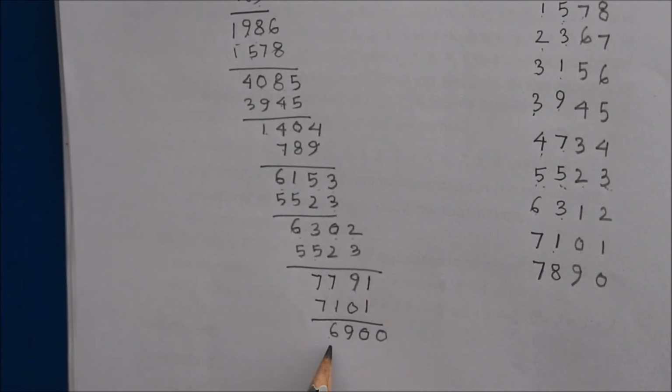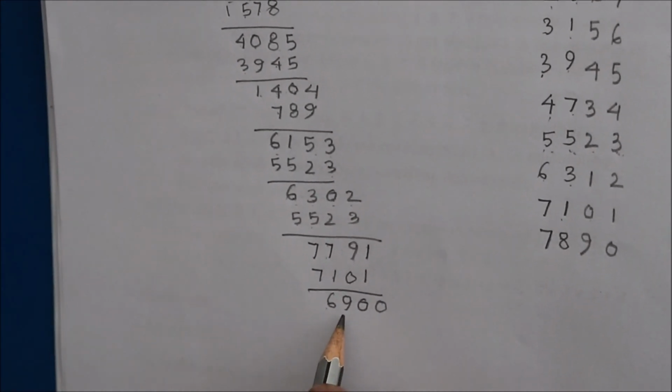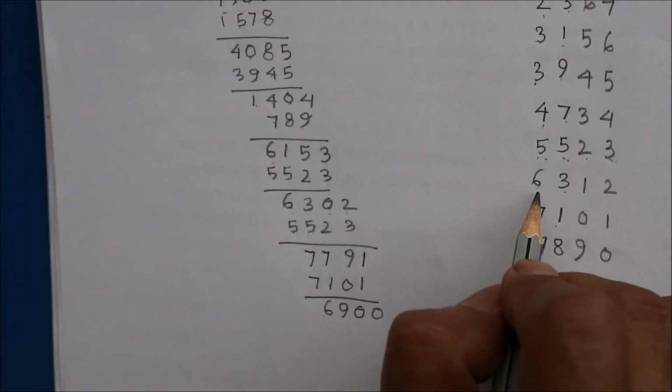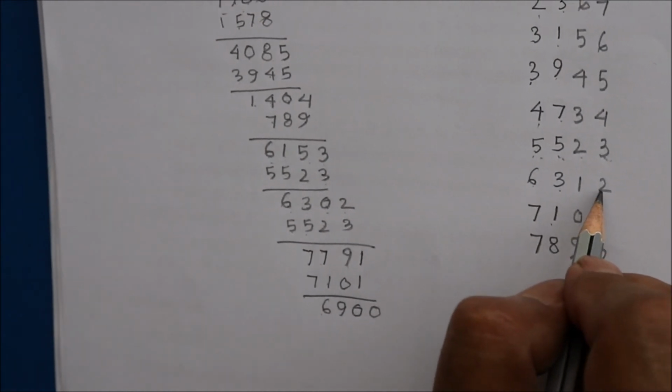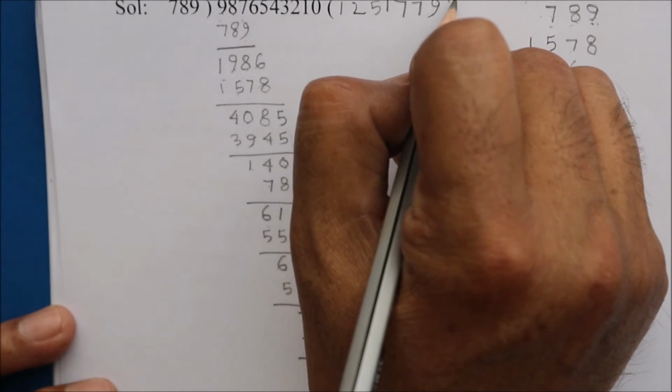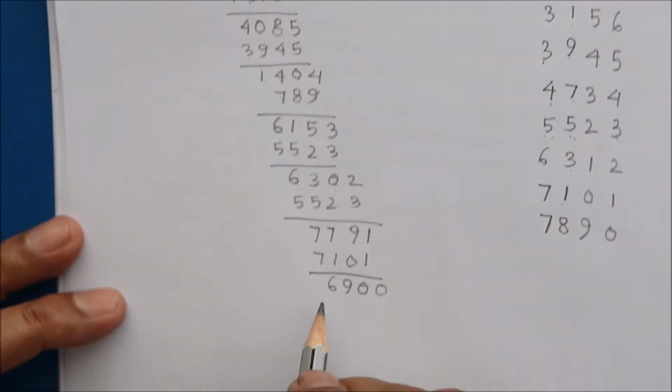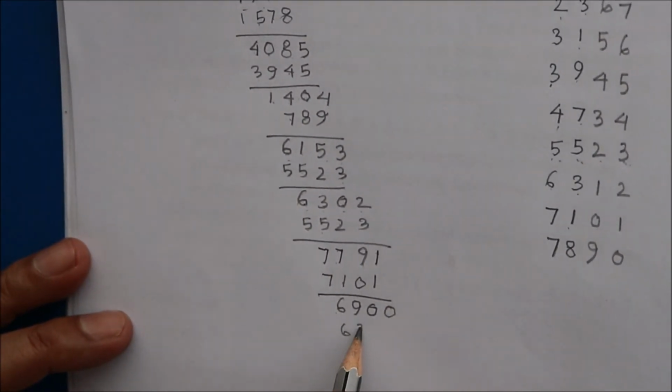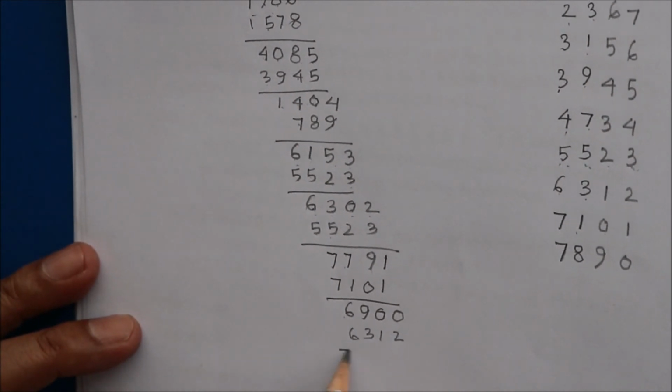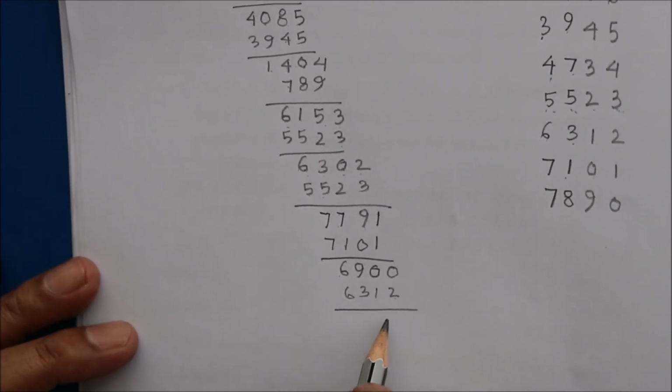The nearest multiple less than 6900 is 6312, which is the 8th multiple. You write 8 here and write 6312. 2 more, 8.